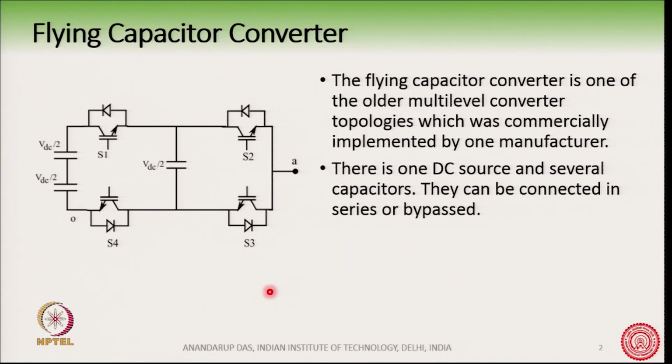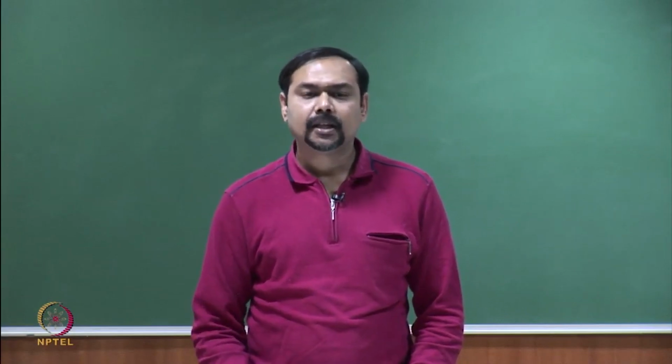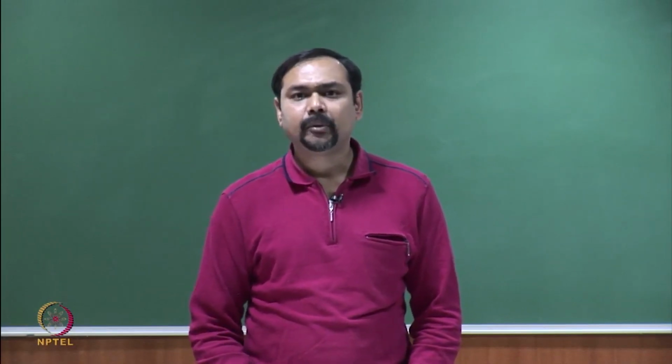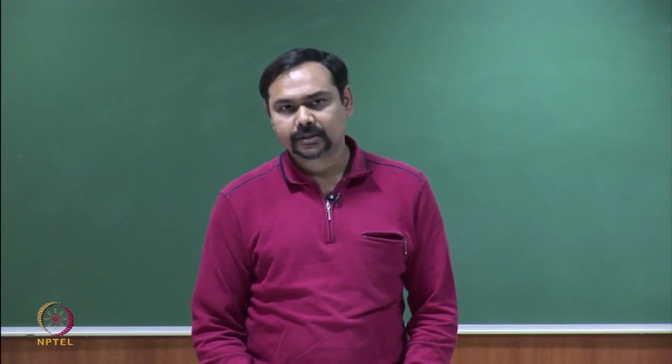Basically, the word flying capacitor means in this converter there are a number of capacitors, and there is one DC source. There may be several capacitors, and these capacitors can be connected either in series or they can be bypassed.